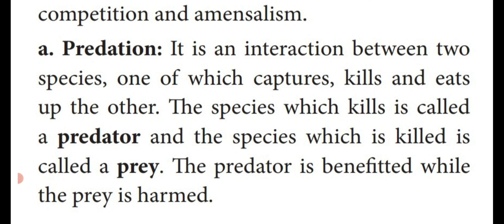The species which kills is called the predator, and the species which is killed is called the prey. Here the predator is benefited and the prey is harmed. That is the negative interaction known as predation.